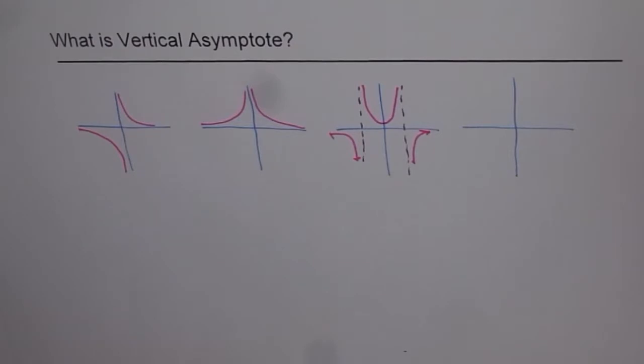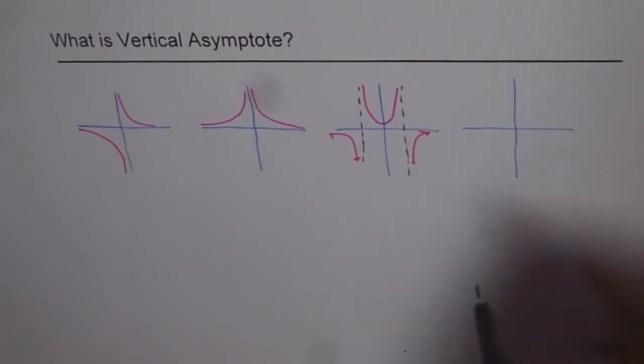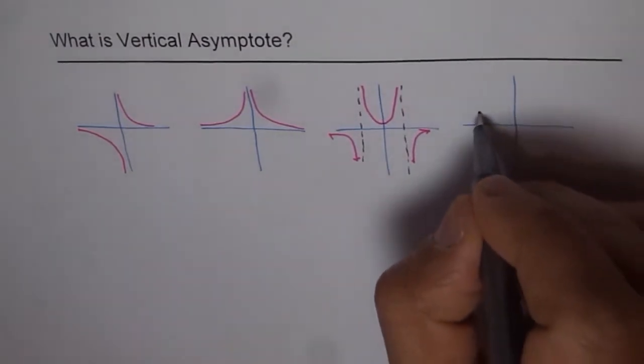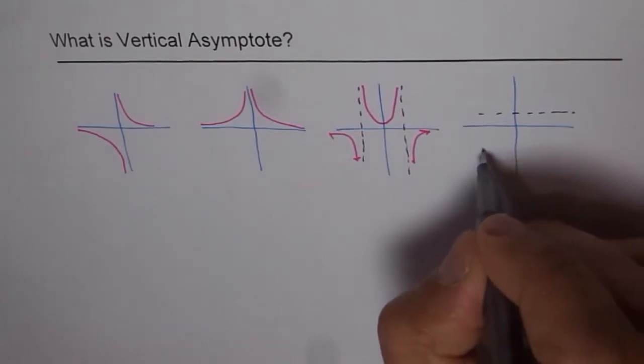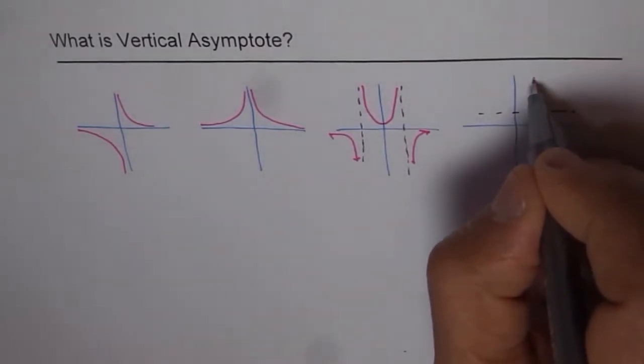So likewise, we can have a transformed function having vertical asymptotes. Let me just transform one of these functions and show you vertical asymptote here. Now what I'll do is I will sketch a vertical asymptote on this side.